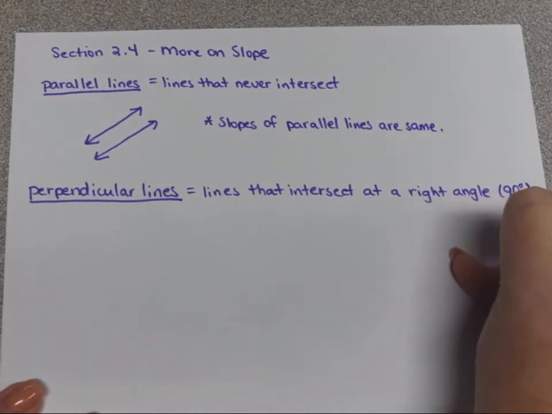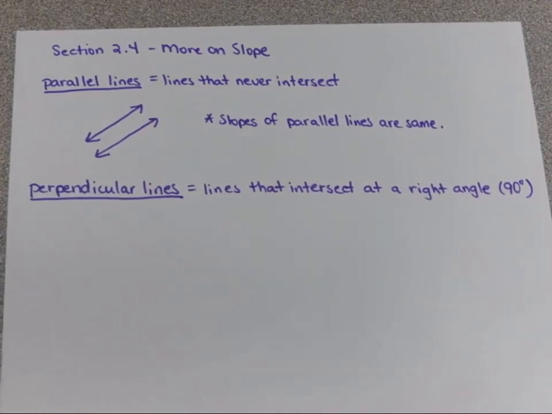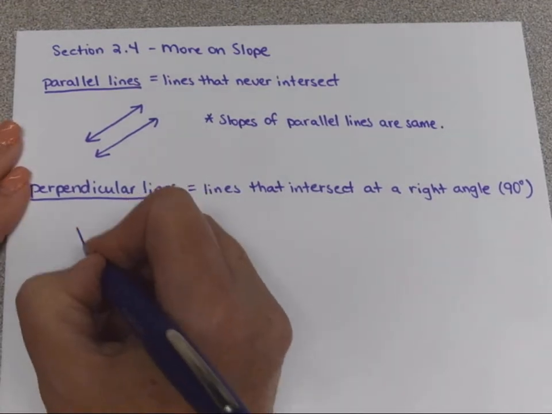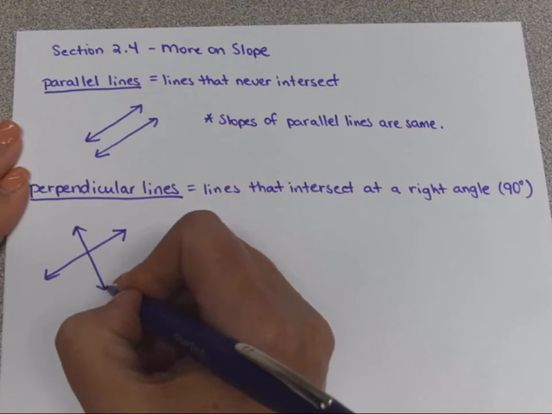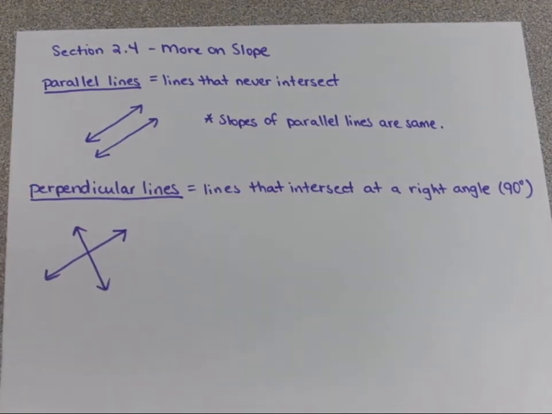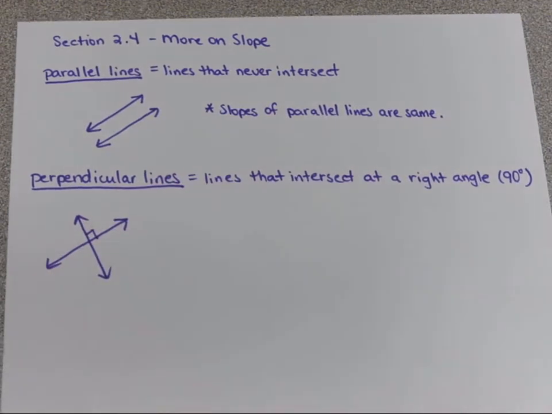In other words, 90 degrees. Okay, so let's draw perpendicular lines. Often you'll either see a 90-degree mark or you'll see this right here. When you see the little box, that's trying to tell you that's a perfect square there. It's a perfect 90-degree angle.